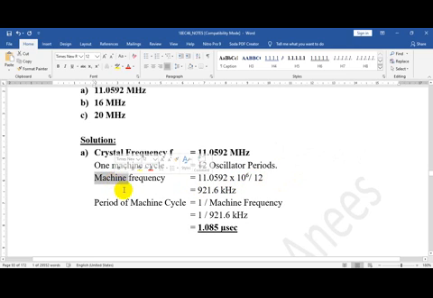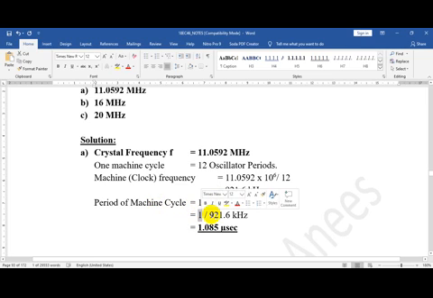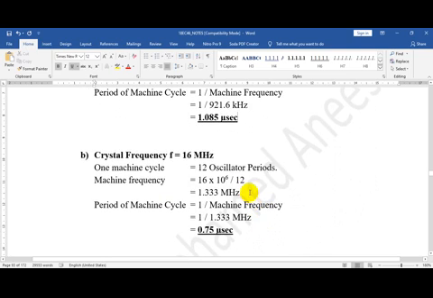This is also called the machine frequency or clock frequency; they are one and the same. So you get 921.6 kilohertz. The value of one machine cycle, or one count, or one clock period will be 1 divided by 921.6 kilohertz, that is 1.085 microseconds.